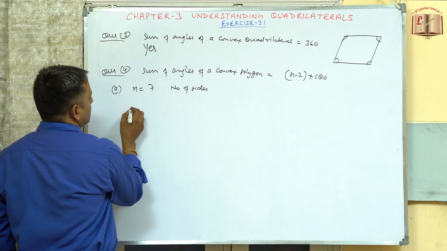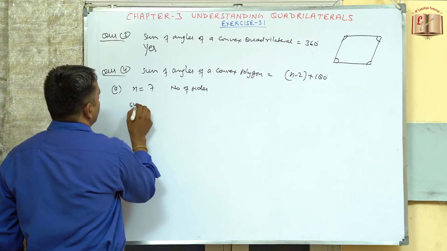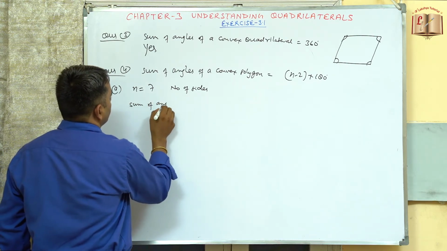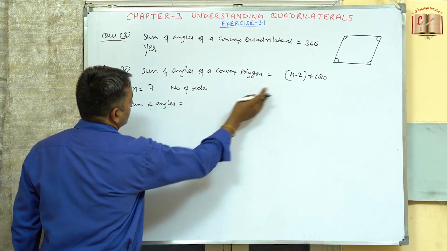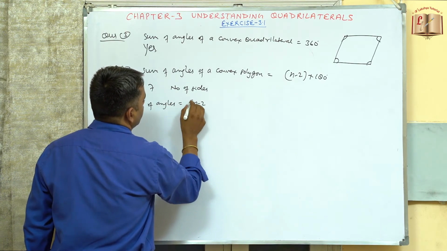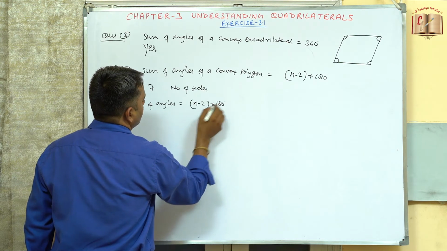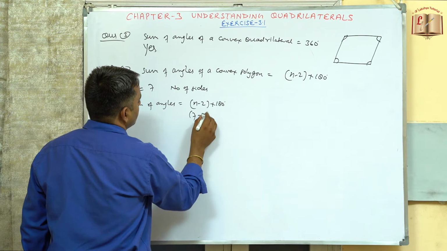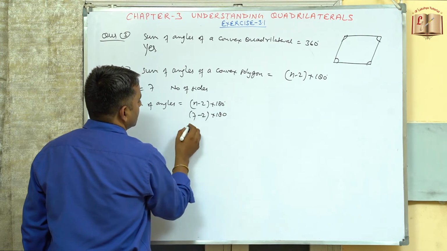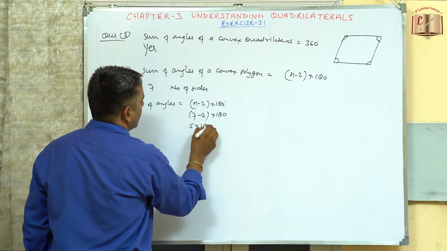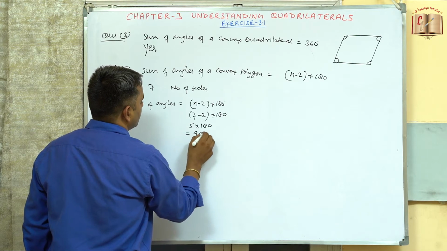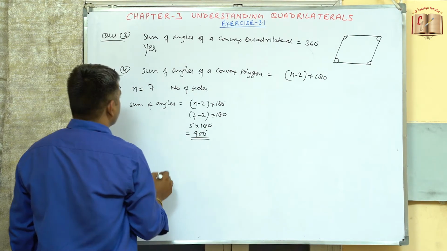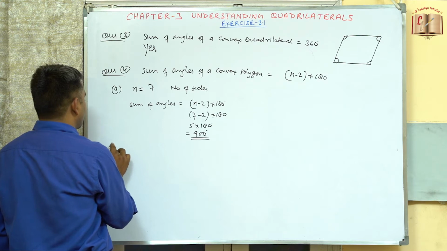So for this, the sum of angles will be equals to, now using the same formula, n minus 2 into 180 degree. So n is 7, so 7 minus 2 into 180 degree. So this is now 5 into 180 degree. So we got 900. So for this it is 900.